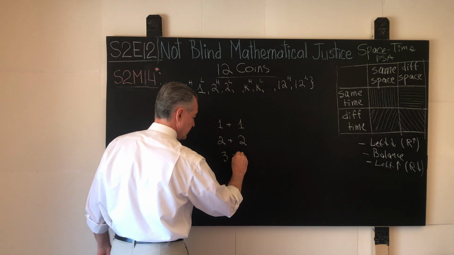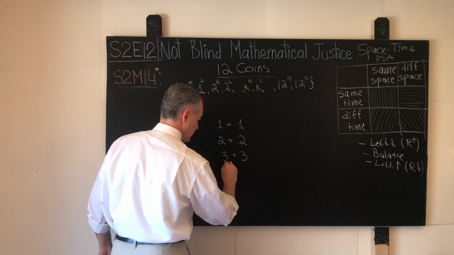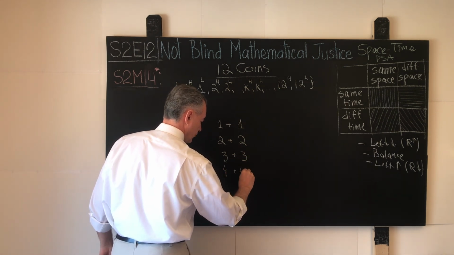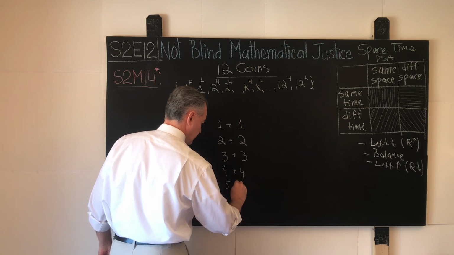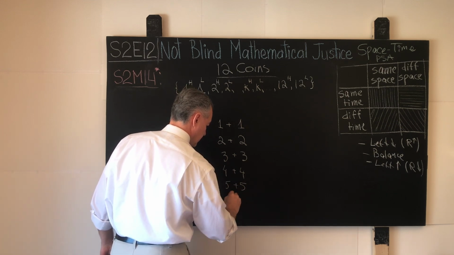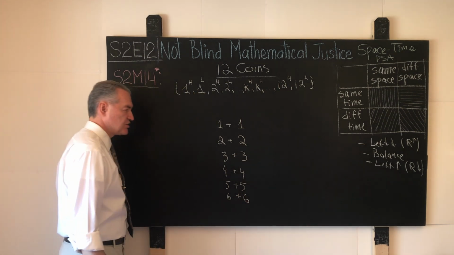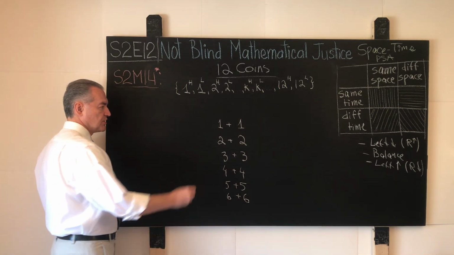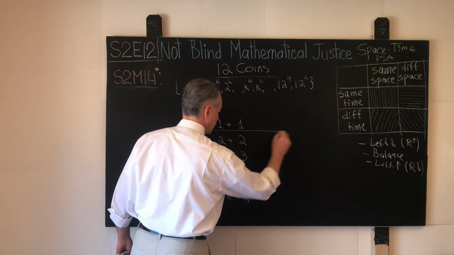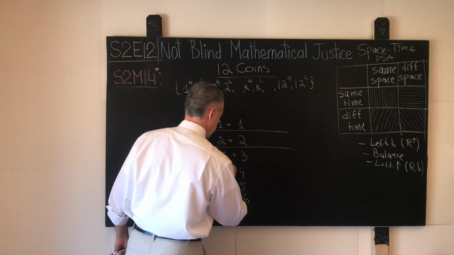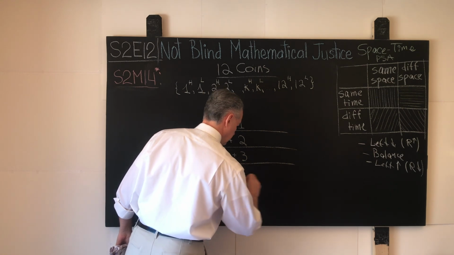Then we can proceed in the manner 3 plus 3, 4 plus 4, 5 plus 5, and 6 plus 6 partition. So here, let me maybe underscore this, guys, and make a little table.